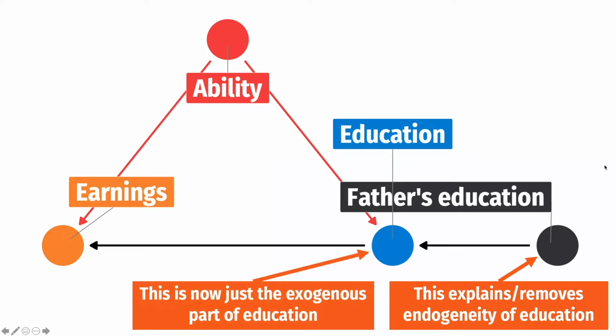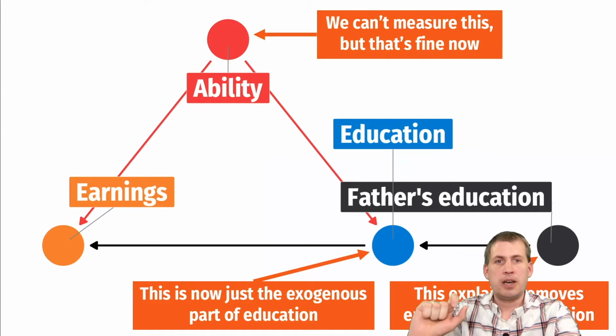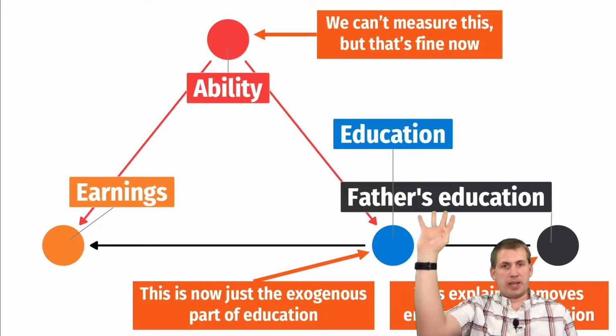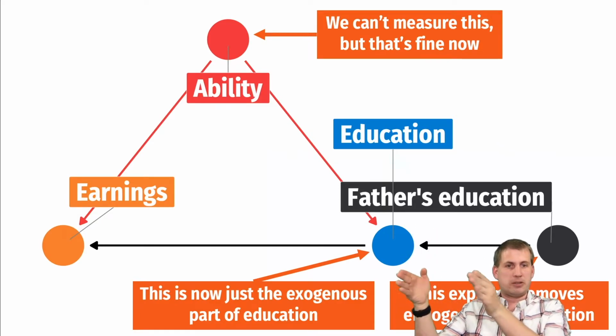Then the education that's left in our DAG is just the exogenous part of education. Ability is still unmeasurable, but that's okay because by using father's education to separate out the endogenous and the exogenous part of your education, we don't need to worry about that unmeasured confounding because we've split education into kind of these magical two parts.